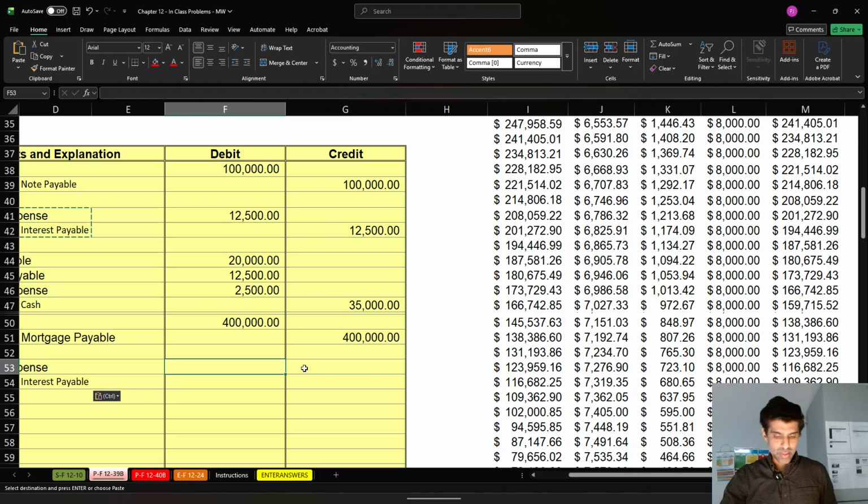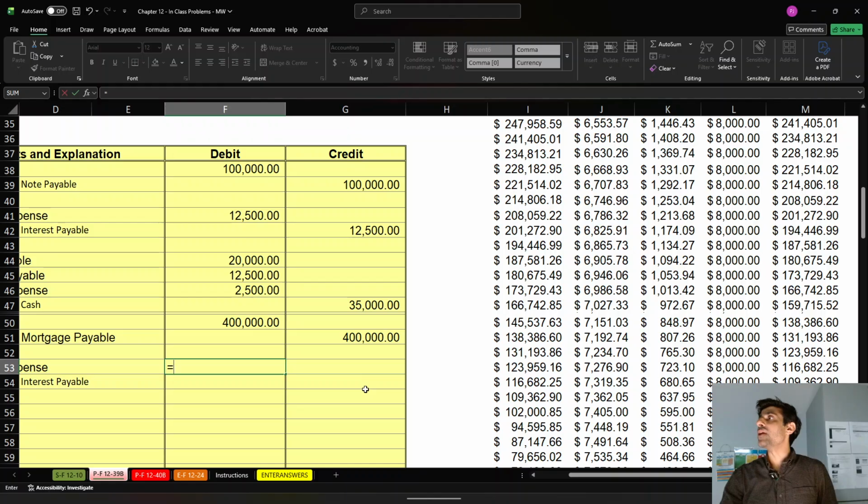But again, we haven't yet made the payment. We're just gonna take the expense because the mortgage payable balance is still 400,000. It doesn't get reduced till we actually make the payment. The interest expense is accruing every day, on December 1st, December 2nd, December 3rd, December 4th.